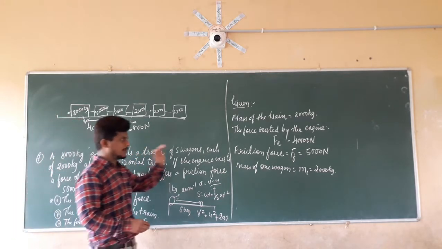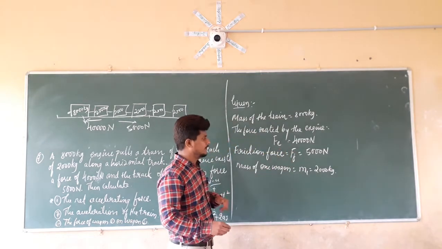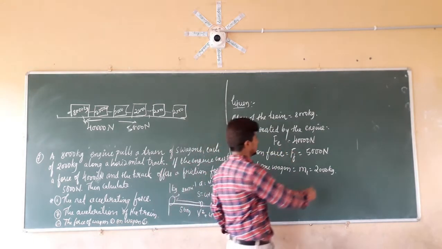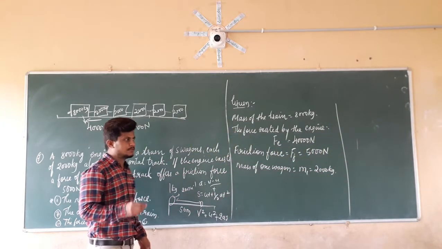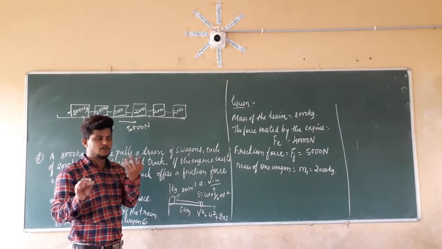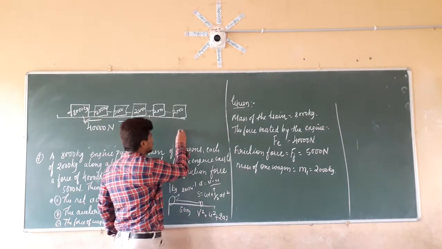So first we are going to calculate the total net force. To calculate the total net force, I am going to give an example, and by that example you will understand those things. So here I have an object like this.